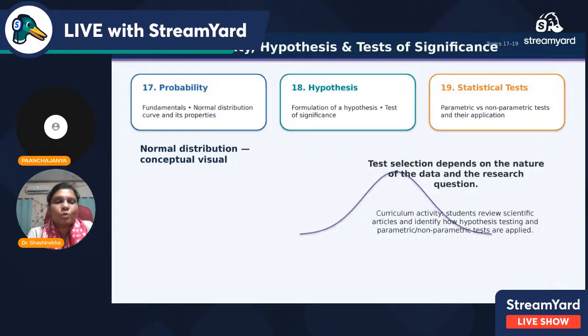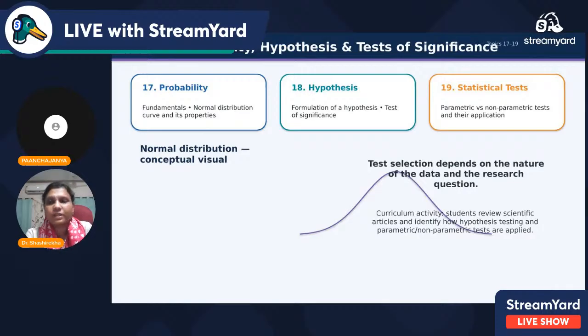What if the p value is equal to 0.05, or the p value is greater than 0.01, or the p value is less than 0.01? What is the meaning of these terms? Whether it is highly significant, not significant, moderately significant, such terms you must know. Usually they will be asked in the hypothesis.